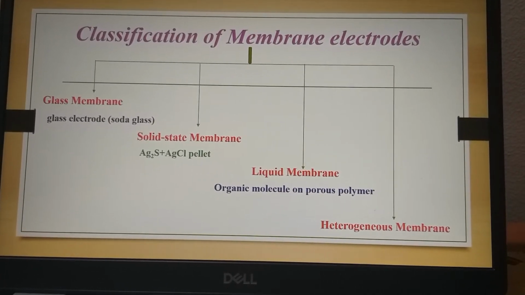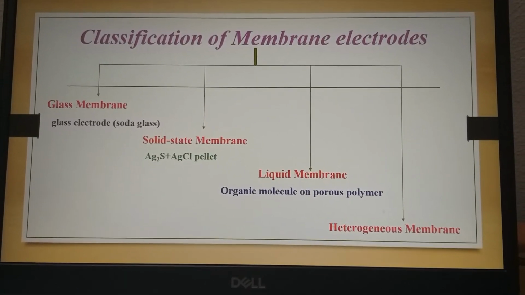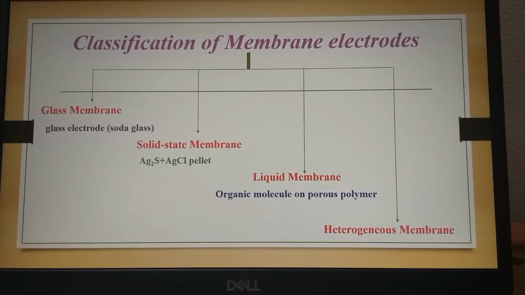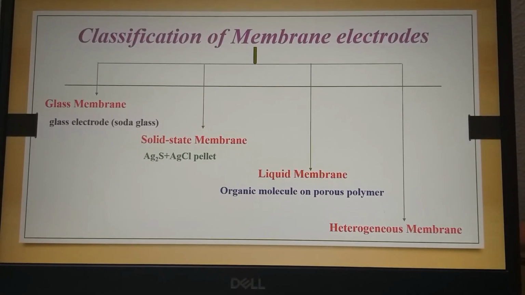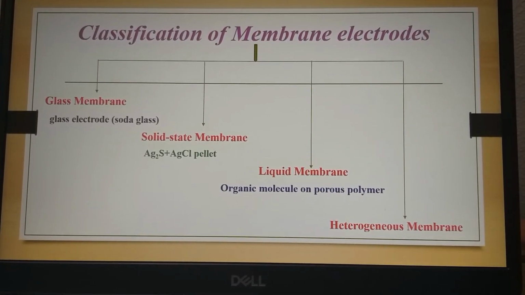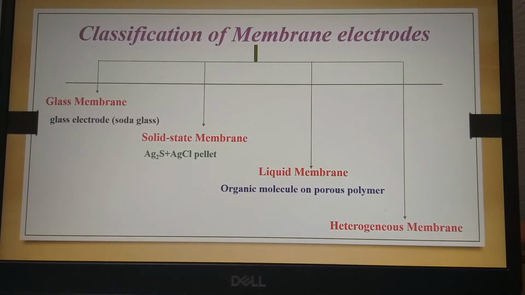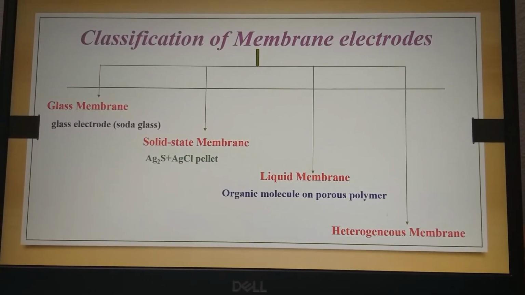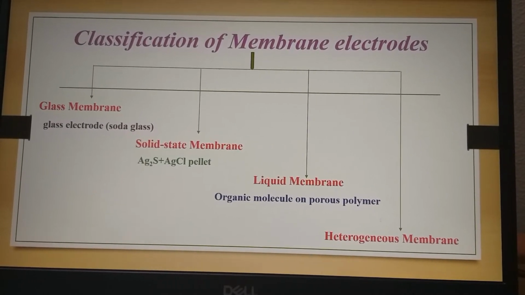We can classify the ion selective electrodes into four types: the glass membrane electrode, solid state membrane electrode, liquid membrane electrode, and heterogeneous membrane electrode. The glass membrane electrode example is the glass electrode, where the membrane is made up of a special glass called soda glass.